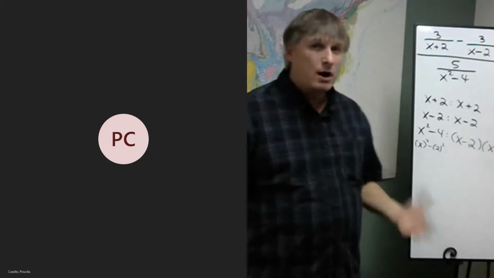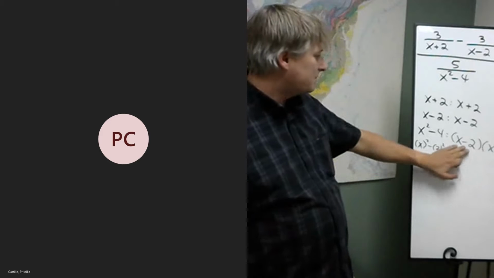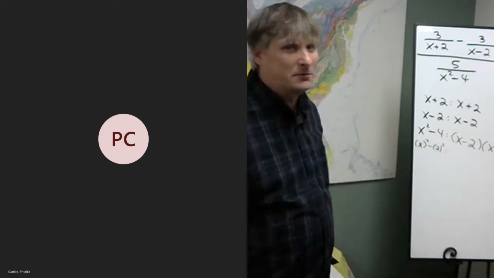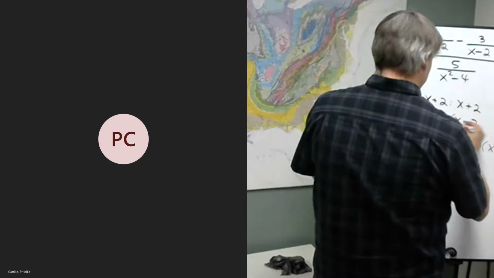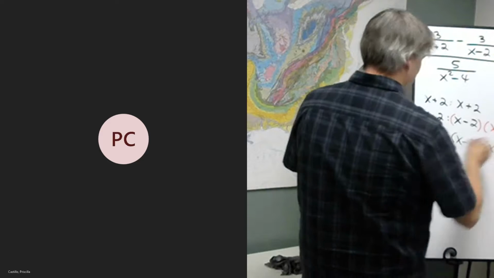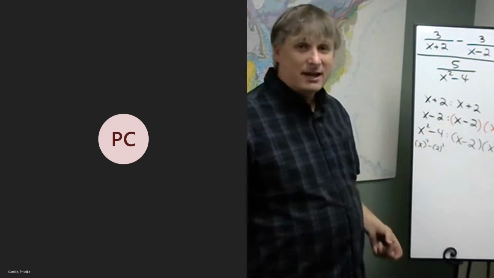Now, once again, we want to make our factorizations the same. So we have x minus 2, x minus 2. This one needs an x plus 2. Now, this has the x plus 2, but it needs an x minus 2.